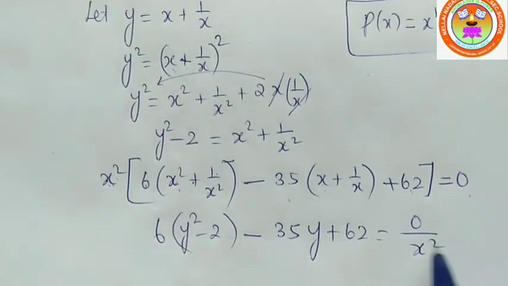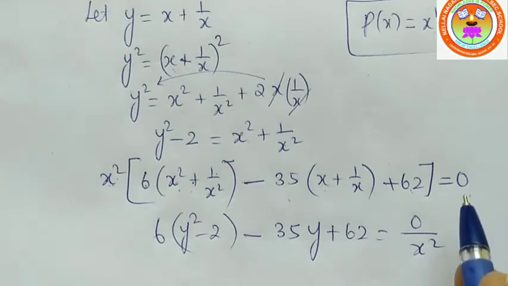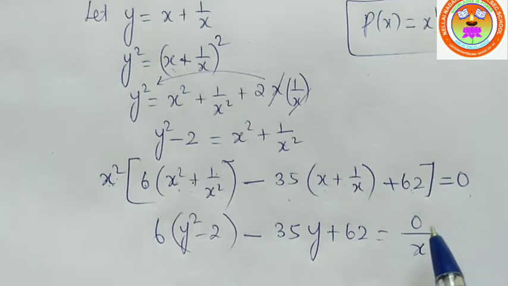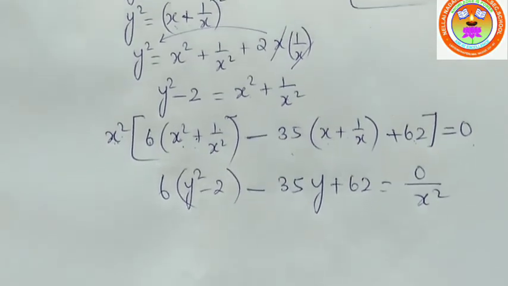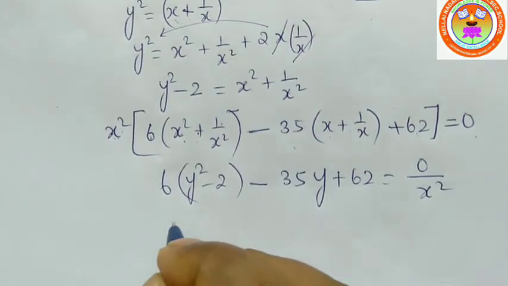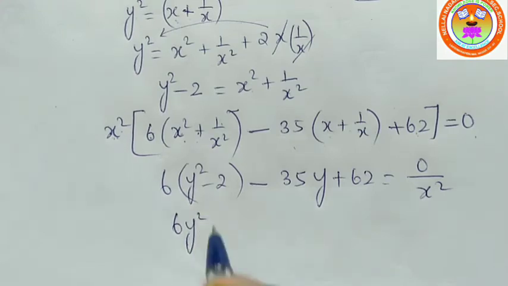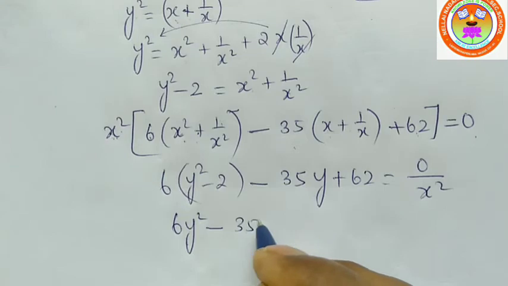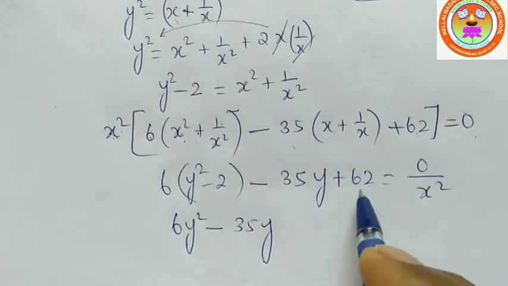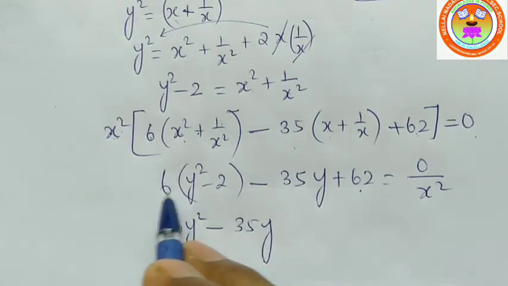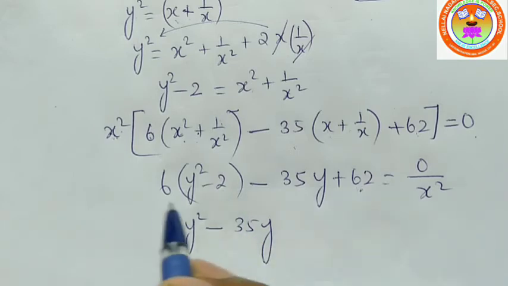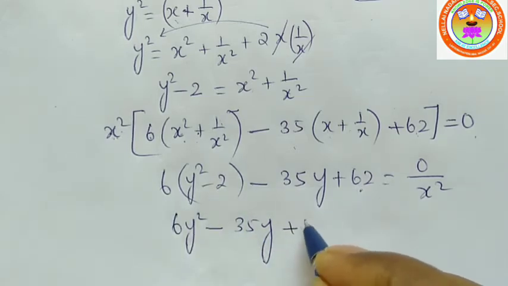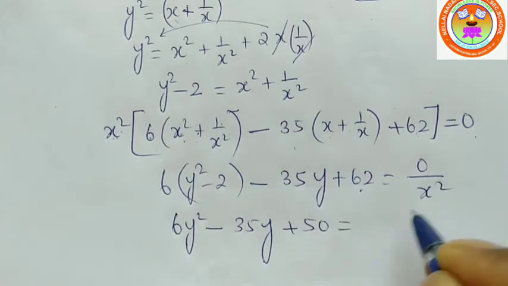This x square we are shifting into the right hand side, so it will become 0 by x square, that is 0. 0 by any number is 0. Now simplify this equation. 6y square minus 12, minus 35y, plus 62. 62 minus 12 is plus 50, which is equal to 0.